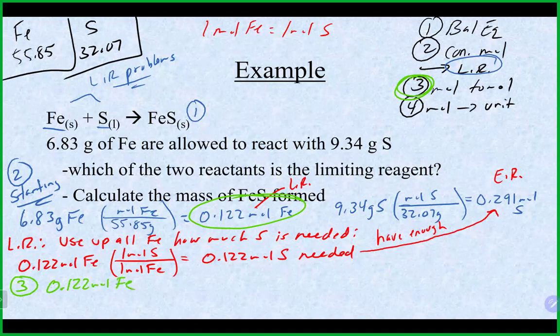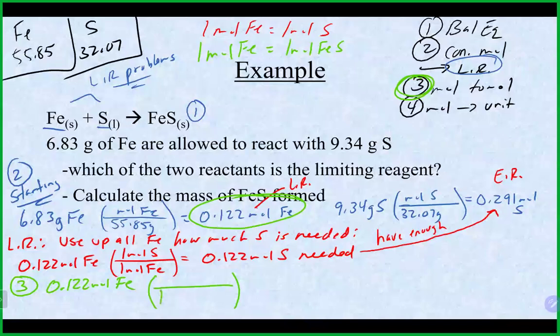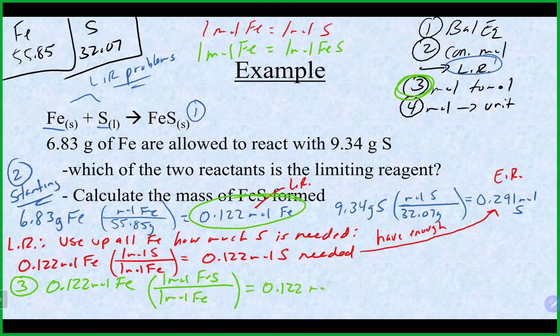We're now going to use our limiting reagent to figure out how much of our product we will make. 1 mole of iron gives us 1 mole of iron 2 sulfide from the equation. Gives us 0.122 moles of iron 2 sulfide.